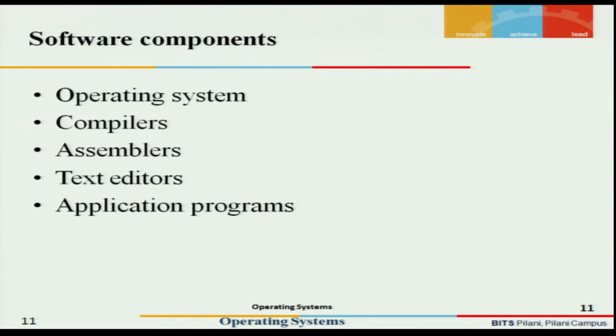They are capable of translating programs written in one language to another language. You have assemblers, which convert a program written in assembly to machine code, text editors, and a variety of application programs.